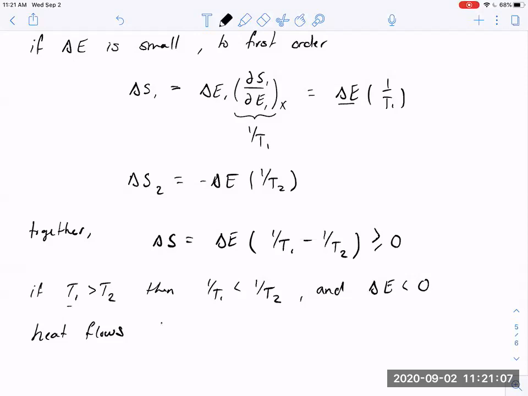So heat flows from hot, higher temperatures, to cold. Completely consistent with our intuition. Heat flows from hot to cold because the temperature is essentially a measure for the potential for heat to flow.